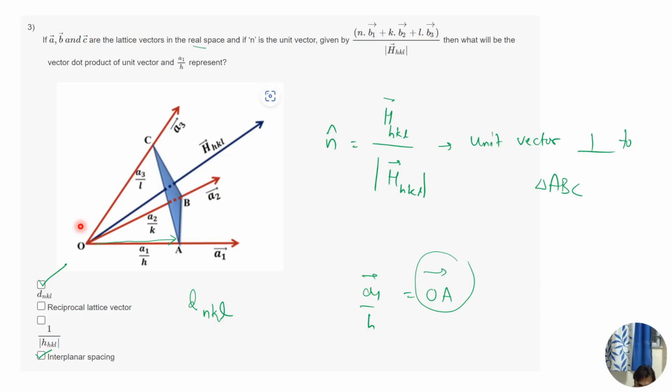Yeah, here, sir, this one. n cap is equal to the vector HKL by its magnitude. This vector is in real space, d_HKL, and the unit vector is 1 by d_HKL. I need a little help on this, sir.